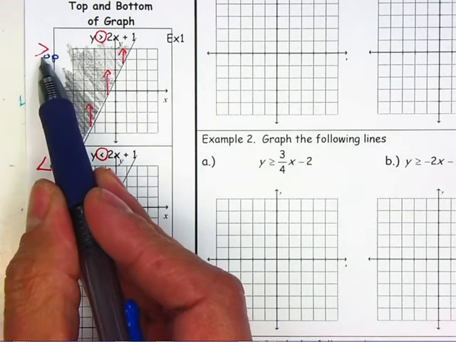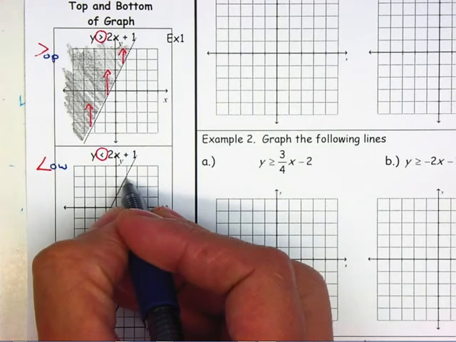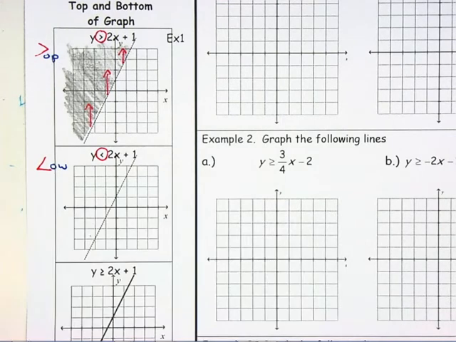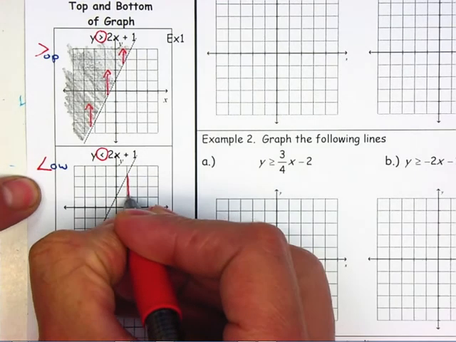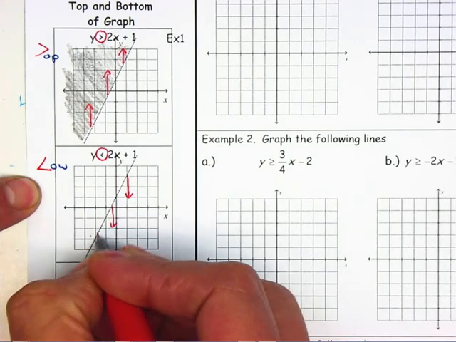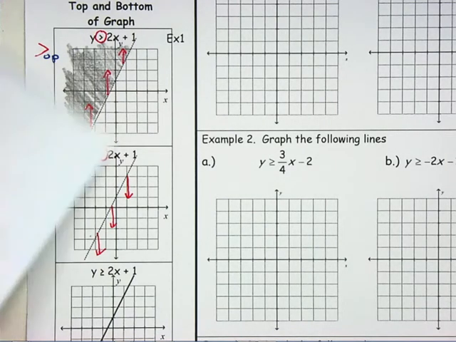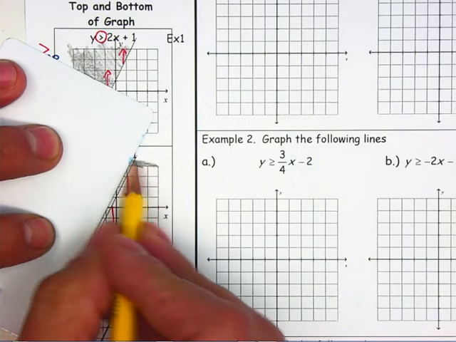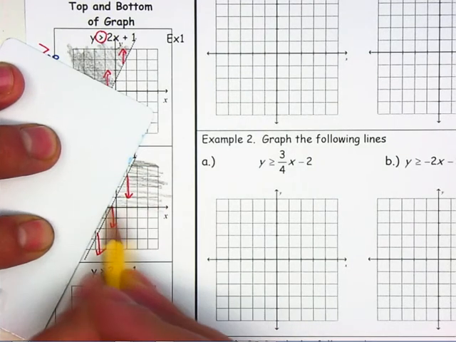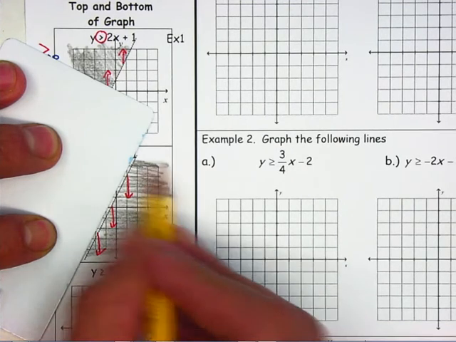If it's greater than, it will shade the top section. So in this case, we're going to be shading the low section. I'm going to make at least 3 arrows going down to indicate that's the low section, and then I'm going to shade the whole section over here. That will indicate that all those points are solutions for the inequality.